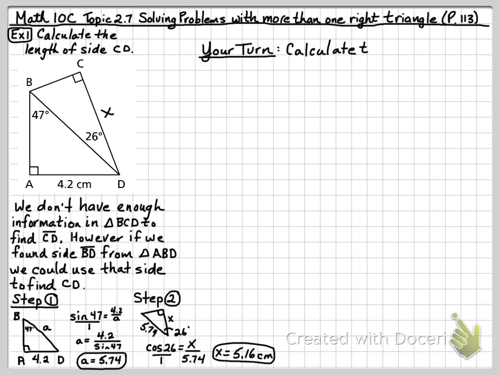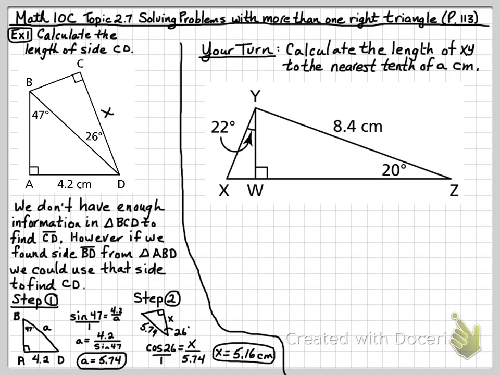Your turn. Calculate the length of XY to the nearest tenth of a centimeter. Well, XY is really side W, so we're going to call that W. And the missing side, X, from our first triangle is what we're going to call side X. Therefore, in that triangle, we're going to say the sine of 20 degrees is opposite over hypotenuse, or the sine of 20 degrees is X over 8.4.